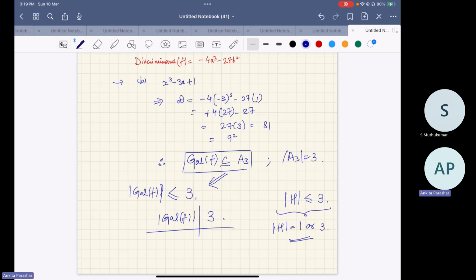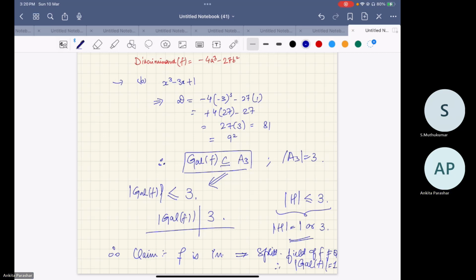You can say that this polynomial is irreducible. If the splitting field is Q, that means all the roots are in Q. So if we can claim that F is irreducible, then the splitting field of F cannot be Q, and therefore the order of the Galois group cannot be 1.